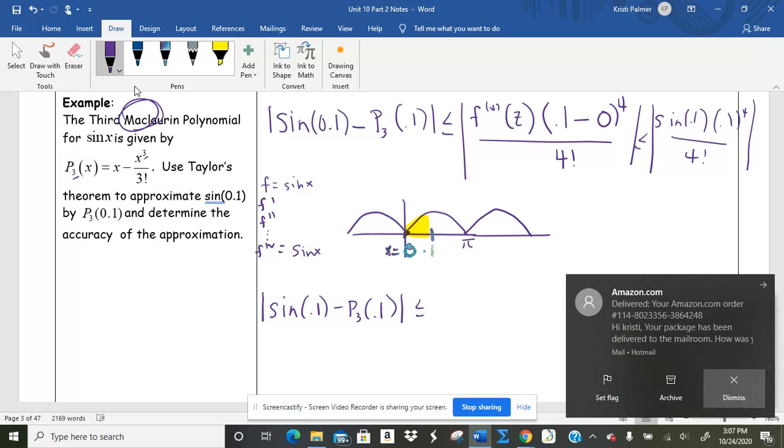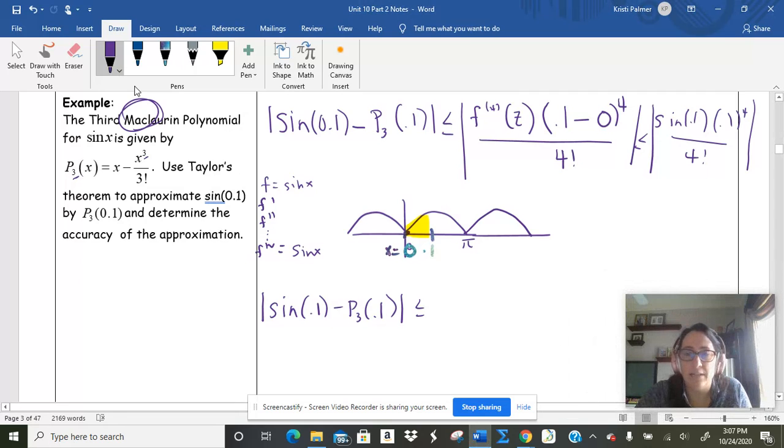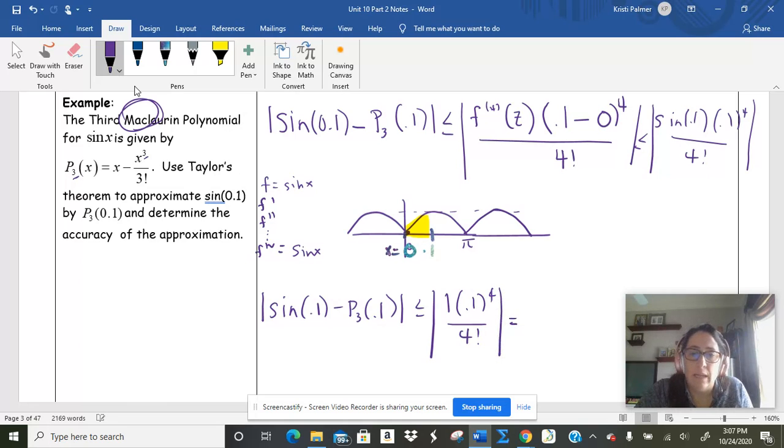Okay, so we're going to say that for sine, I know the biggest I could ever get out is a 1. So I'm going to use a 1 and put that to the fourth over 4. And if you wanted to work all of this out, let's do it together.